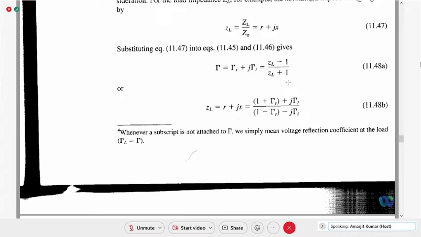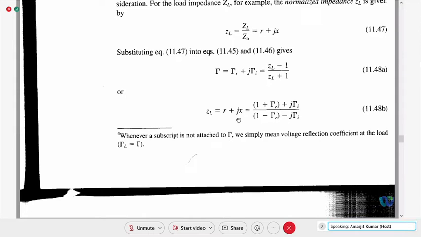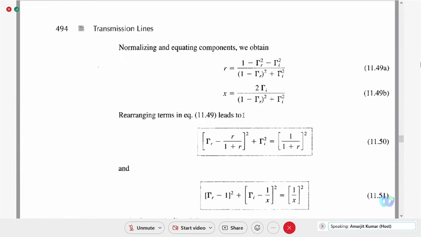From this equation, you can calculate zl in terms of gamma r and gamma i. If you solve this equation, you can separate the real and imaginary parts of the normalized load impedance. So small r and small x you can write in terms of gamma r and gamma i. So that is here, small r.